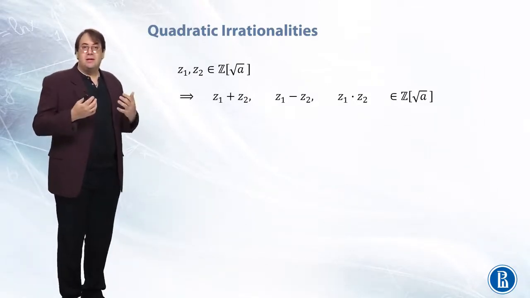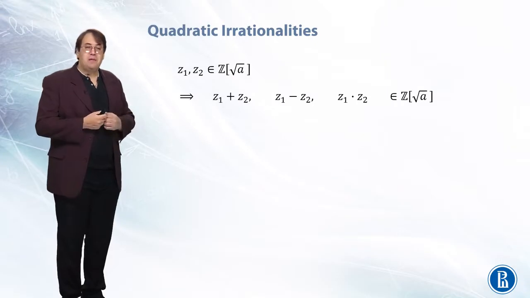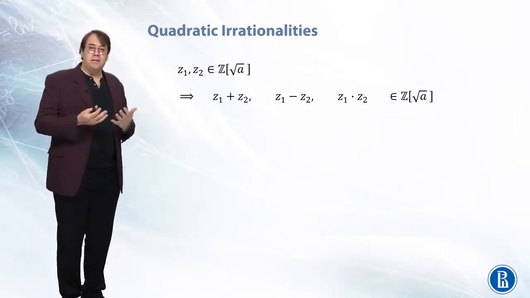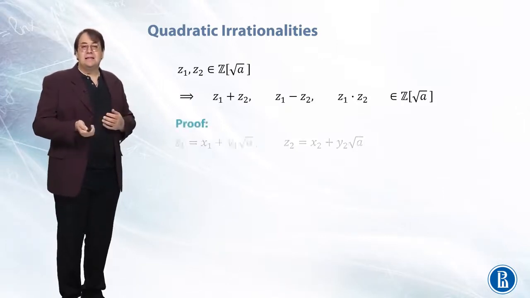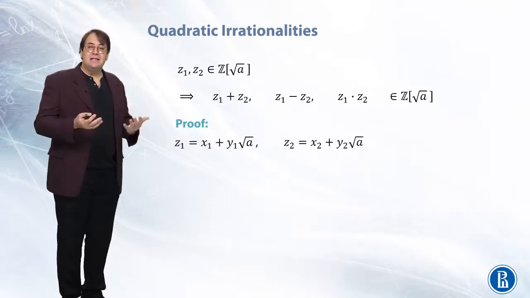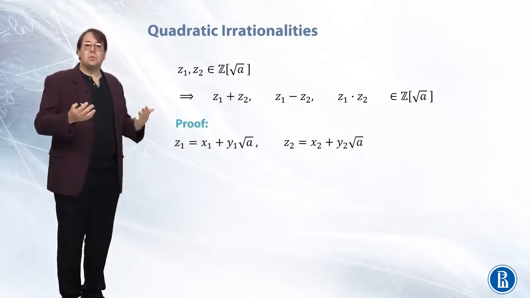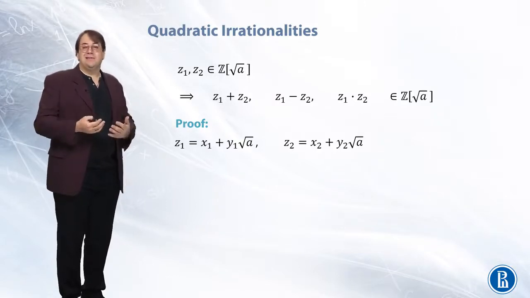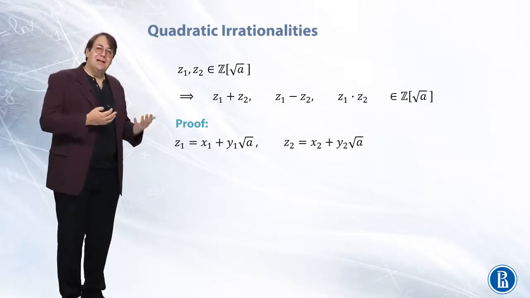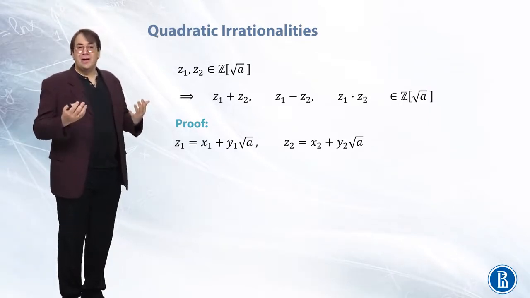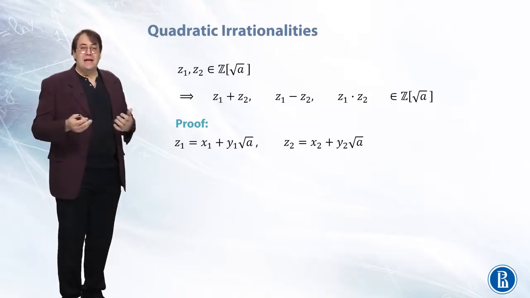closed under these operations. Well, since z1 and z2 belong to this set, this means that both z1 and z2 can be represented as x plus y square root of a, where x and y that correspond to z1 have indices 1, and x and y that correspond to z2 have indices 2.